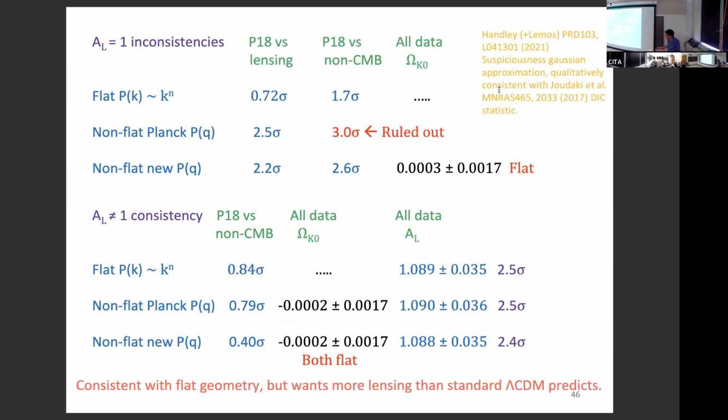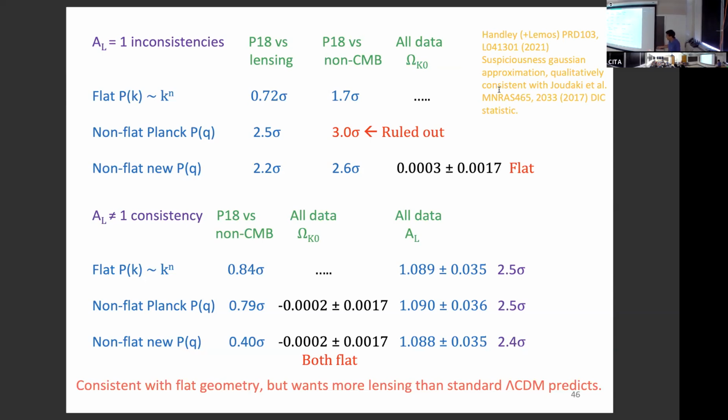If I put back in A_L and leave it as a free parameter, so now standard lambda CDM has A_L floating and it's a 7-parameter model, you can see that it improves the fit between, in this case, the P18 and the non-CMB, and you get rid of this problem with the P18 and lensing.